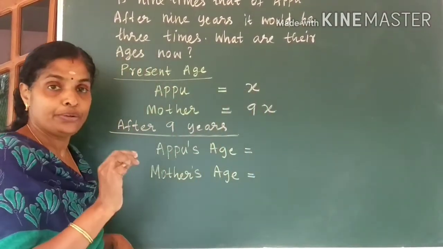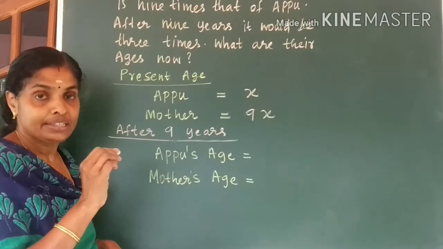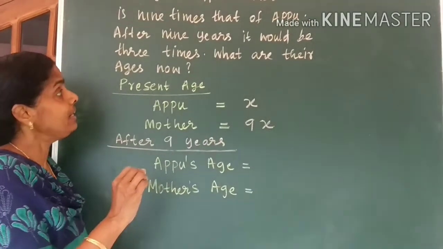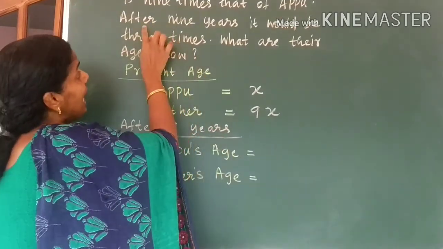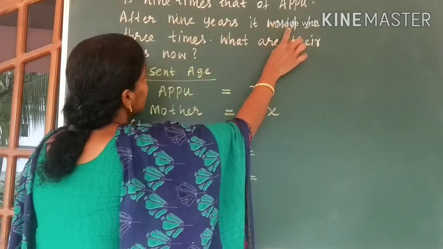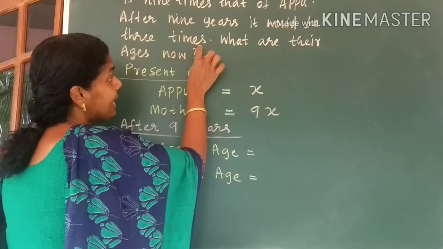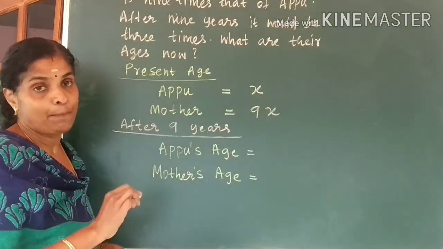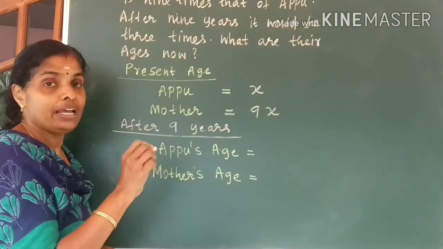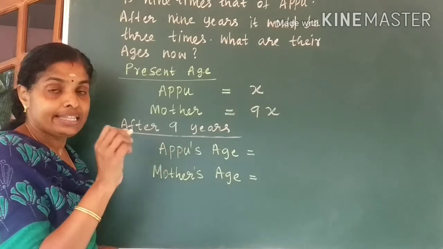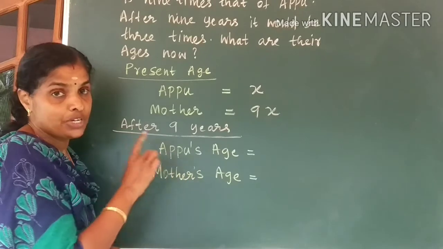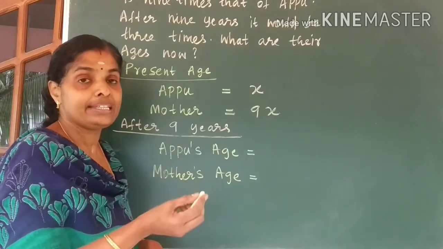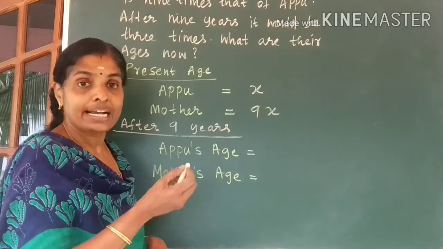That is equal to 9x. Then we are given the condition after 9 years. After 9 years, it would be 3 times that of Appu. So first of all, we have to write the age of Appu and mother after 9 years. Only then we have to use the condition.